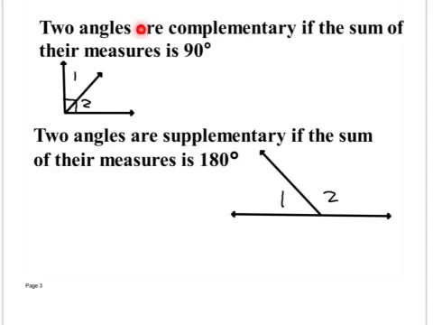No. If I had angle 1 right here like that, and I had angle 2 look like this, are they still supplementary, even though they're not touching? Yes, they are. If they add up to 180, they're supplementary. They don't have to be adjacent.